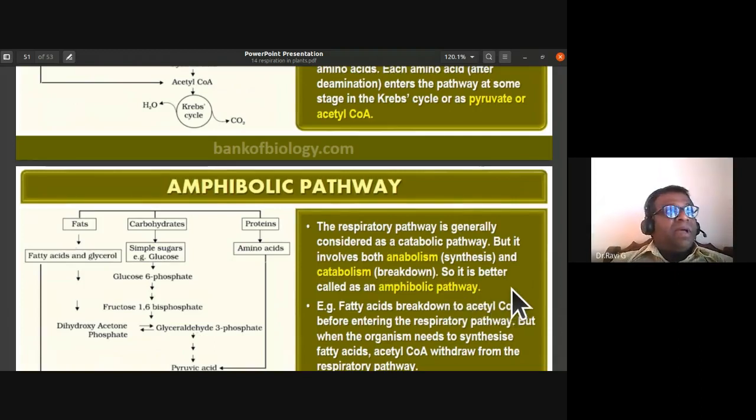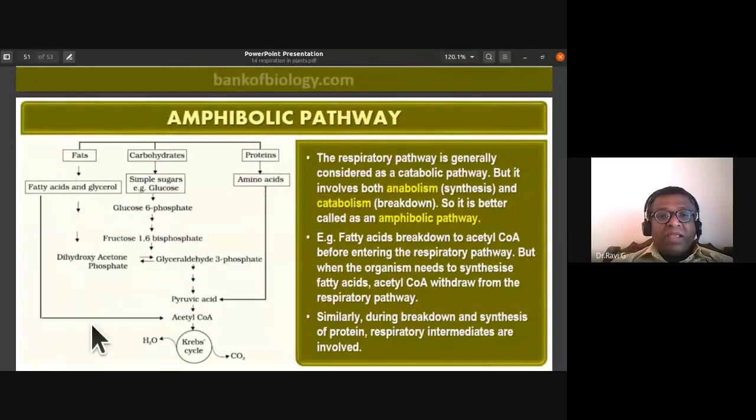For example, fatty acids break down to acetyl coenzyme A before entering the respiratory pathway.